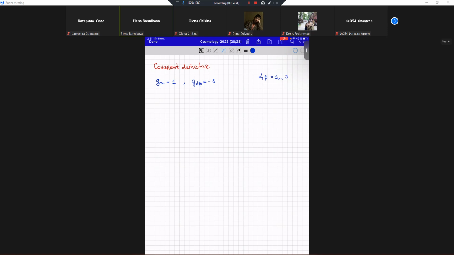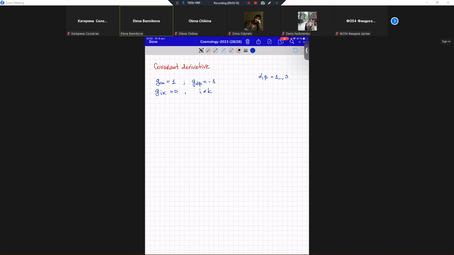And g_ik equals 0 if i is not equal to k. So we are in a diagonal case, we will have only diagonal elements of the metric tensor.